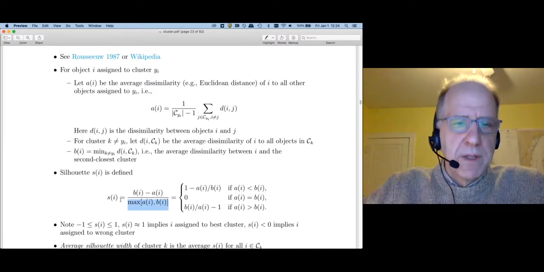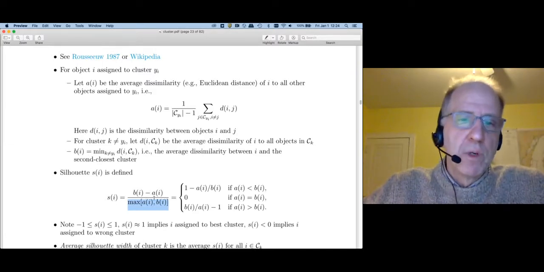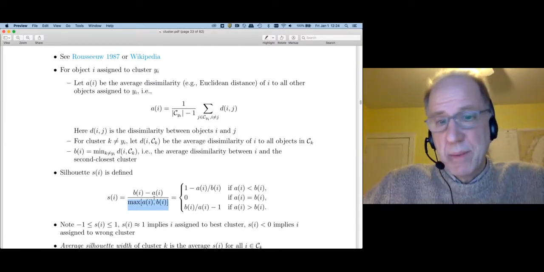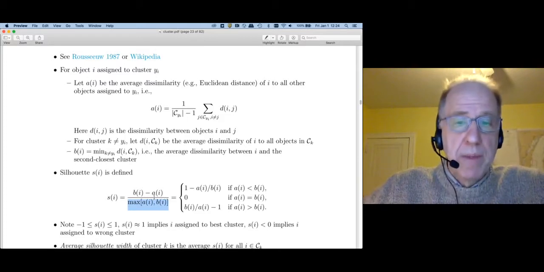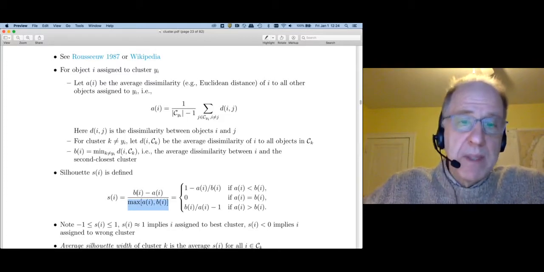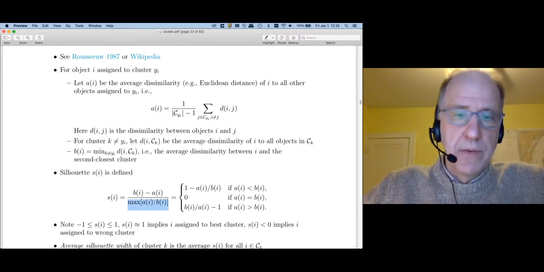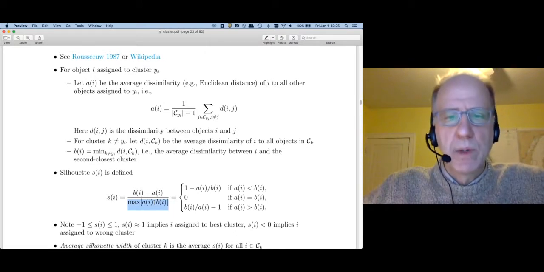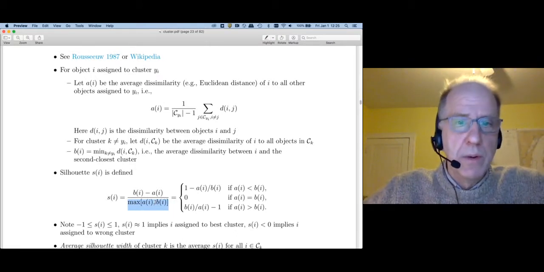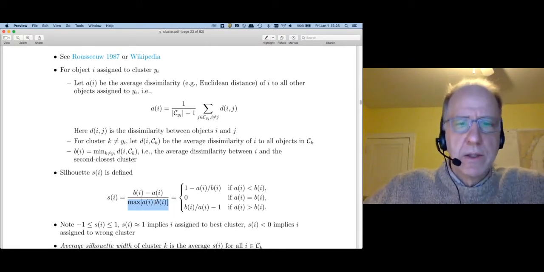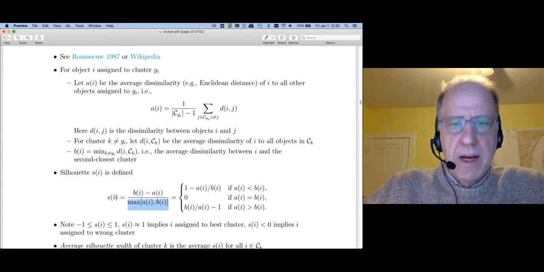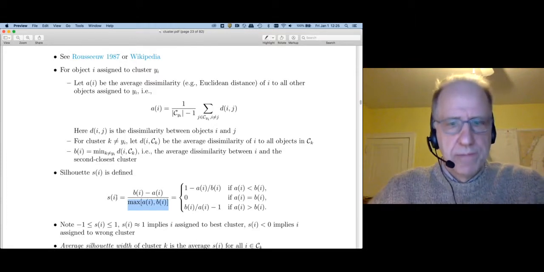Alternatively, if this observation I were assigned to the wrong cluster somehow, then what would happen is A sub I would be way bigger than B sub I, and we would get a number that could be as large as -1 in theory. We'd have to work pretty hard to get it close to -1 though. So the whole idea is the larger S sub I is for some observation, the better the cluster solution.